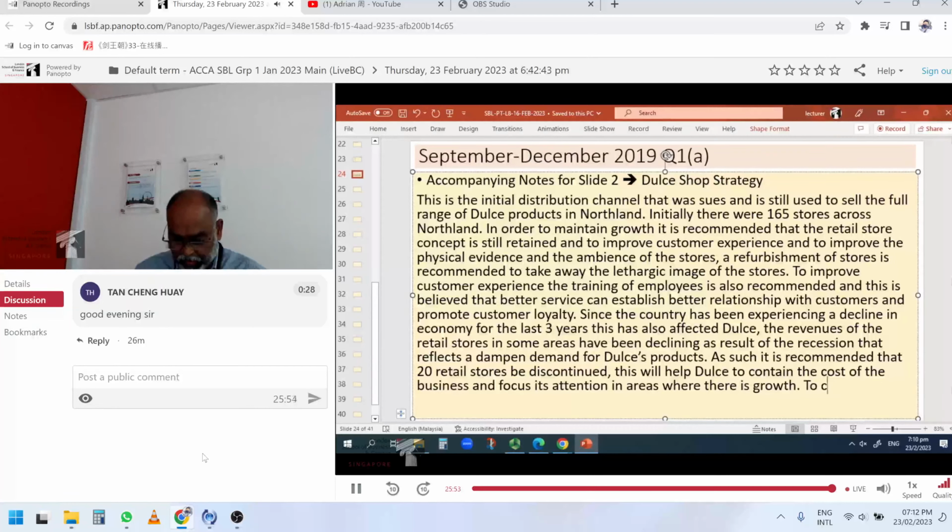To conclude, the strategy here is one to protect and build.